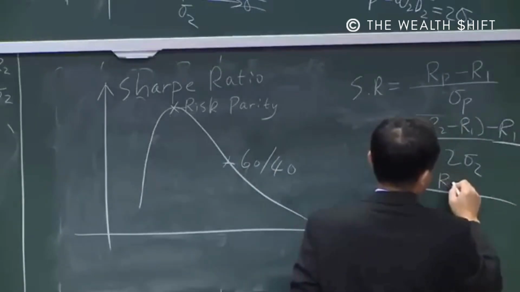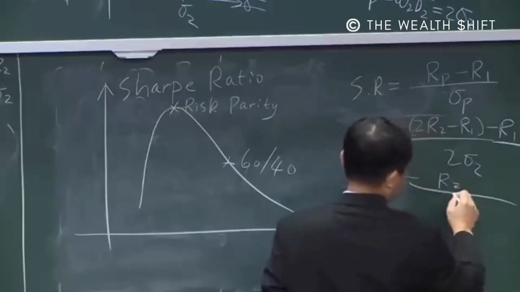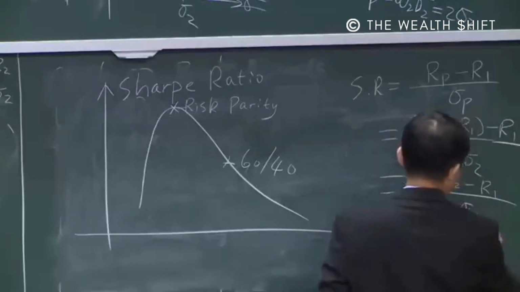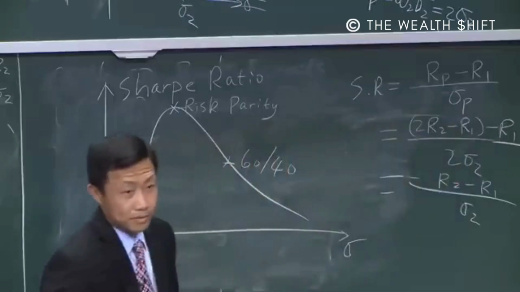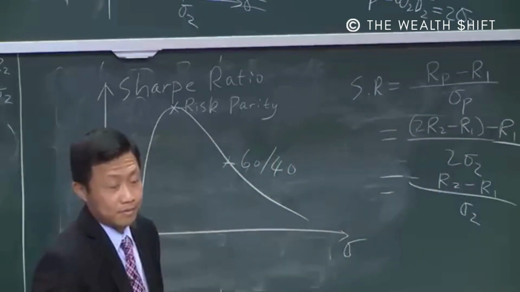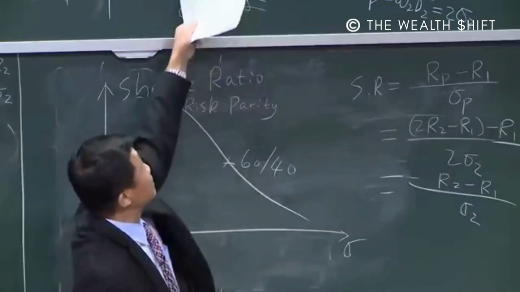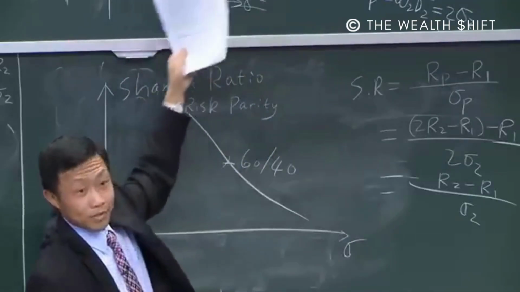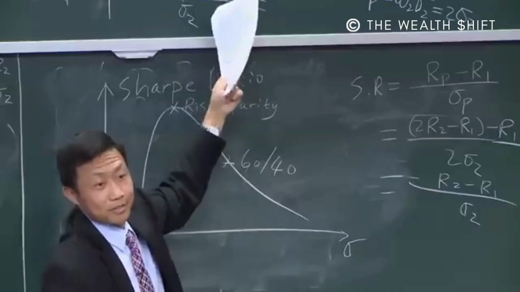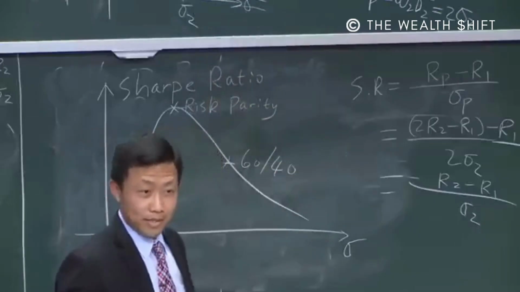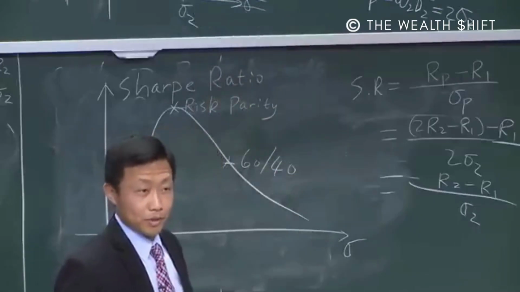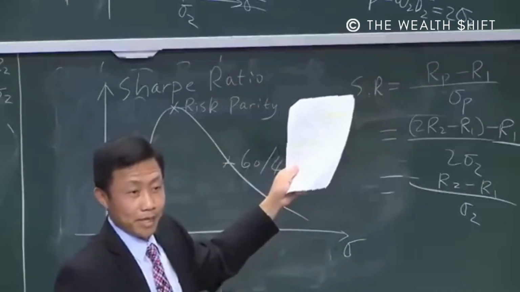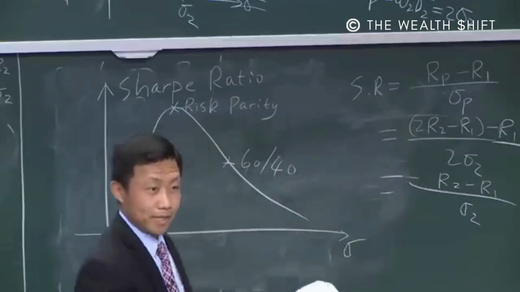So this equals R2 minus R1 divided by sigma 2. So that's the same as you at this point. That's essentially the slope of the whole line. It doesn't change. Now you can see the connection between the slope of this curve and the Sharpe ratio, and how that links back to beta.